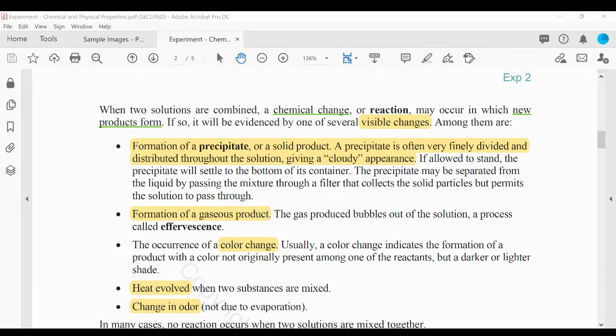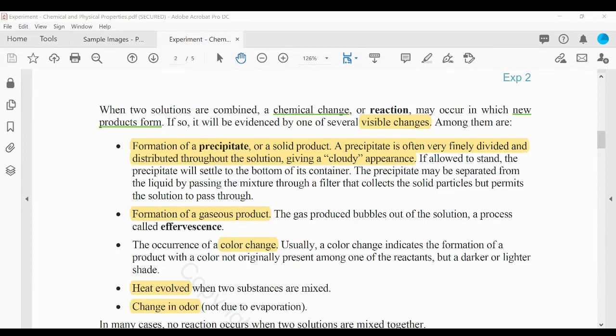But when you are going to do your report, or if you are in a lab, in this case, we will do it together, we'll have to look at a video. But anyways, in the lab face-to-face or in the video, what signs do you have to look for? What are the visible changes that we need to observe? Because all this is about observation and being able to describe the changes.